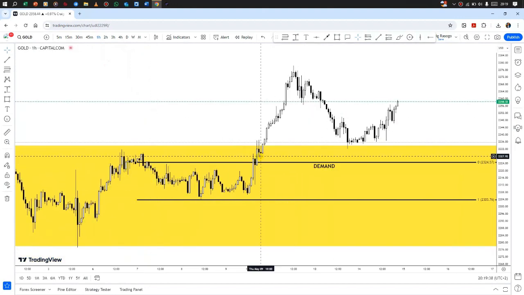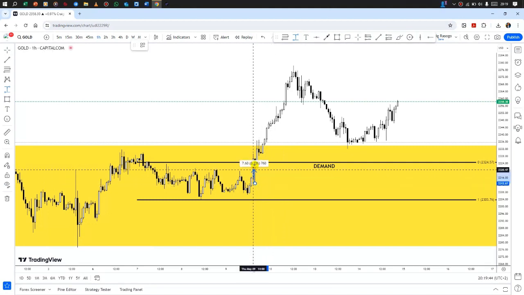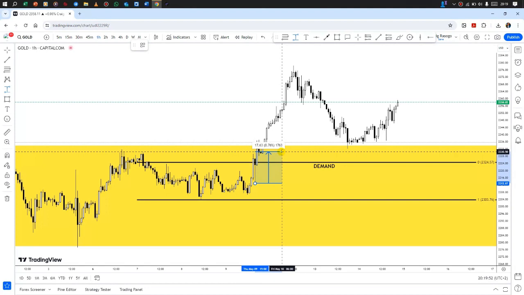As you can see here, I did mark our zone from this area here, which is this bearish candle, up until this level here.